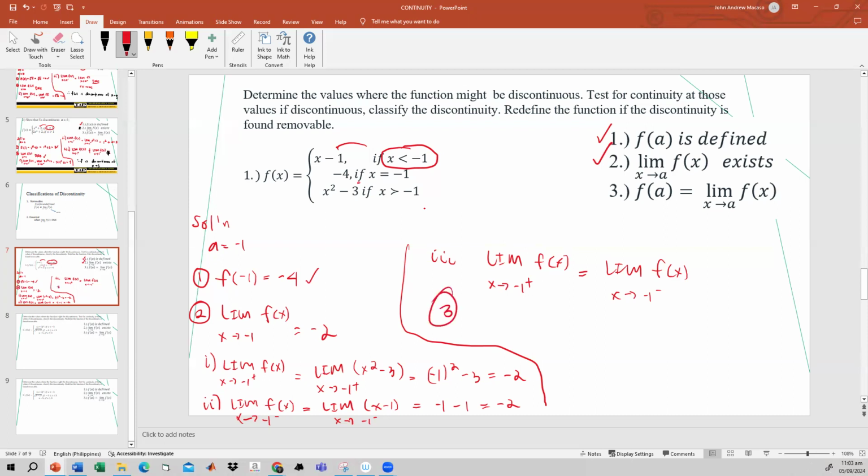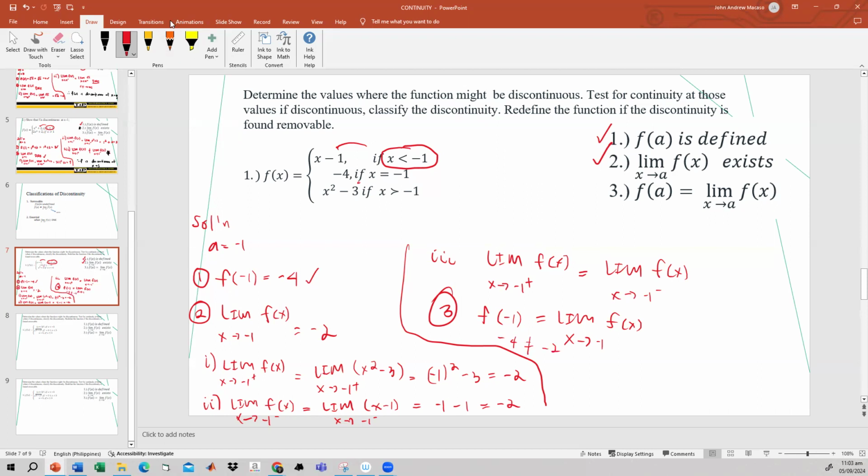Okay, so what will be the next thing? The next condition is f of a equal to the limit of f of x as x approaches a. Is f of -1 equal to the limit of f of x as x approaches -1? Obviously, it's not, because f of -1 is -4 and this is not equal to -2.